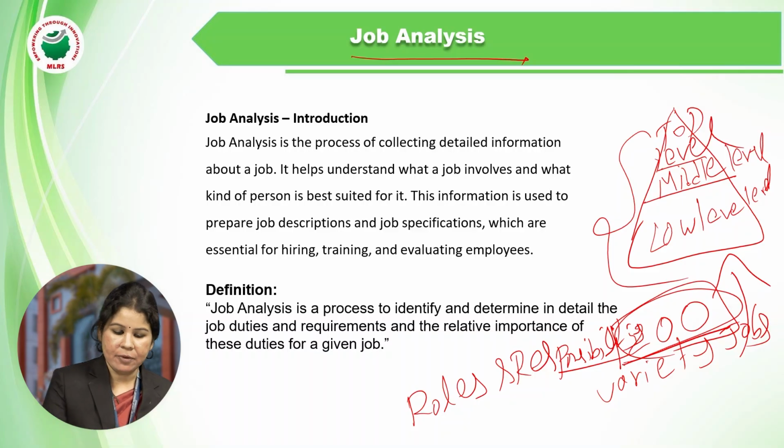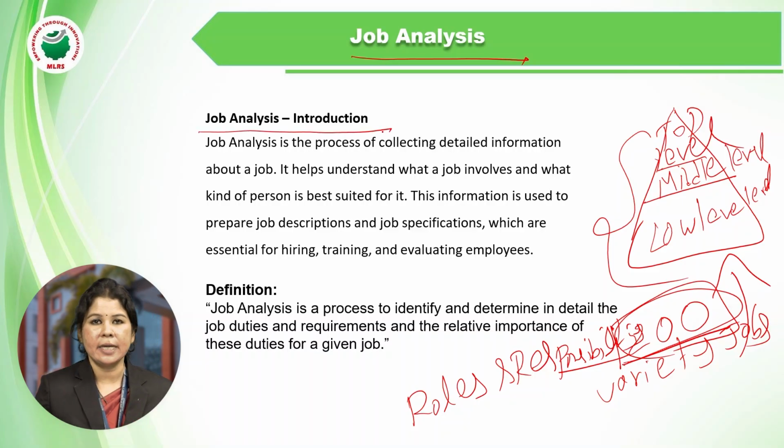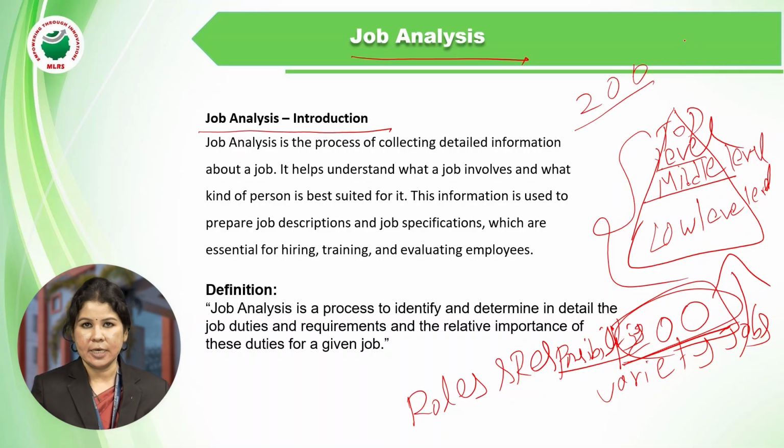So for having detailed information about these jobs and job contents, we use the first technique called job analysis, through which we collect detailed information about each job's duties and responsibilities. How many jobs do we have? We have 200 jobs. So for each job, we collect information regarding duties and responsibilities.